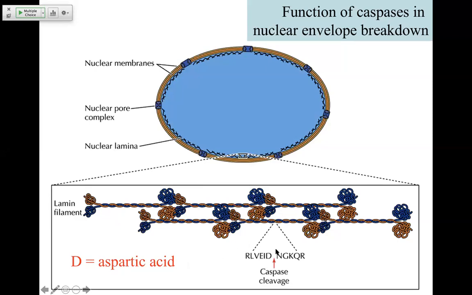So the peptide bond just after that aspartic acid, between the aspartic acid and this asparagine, will be cleaved in every single lamin subunit, which will break down the entire nuclear lamina permanently, irreversibly.